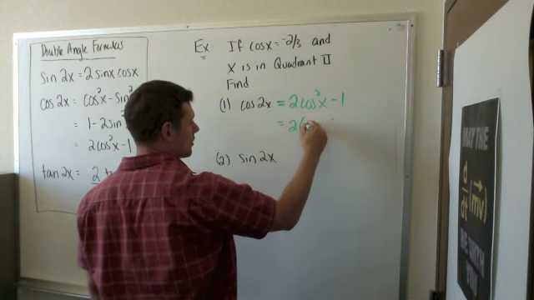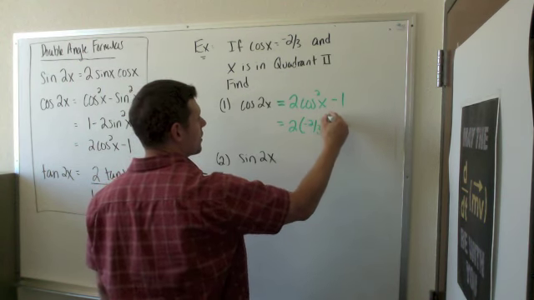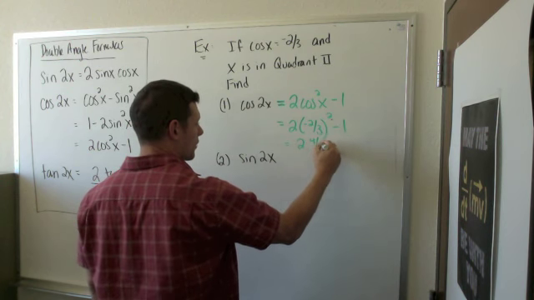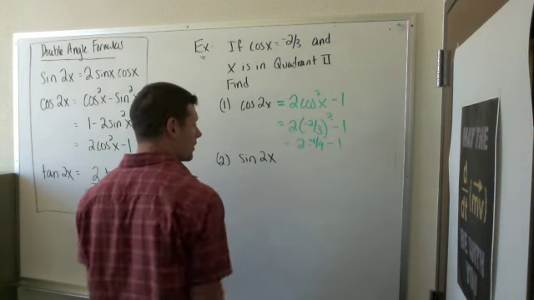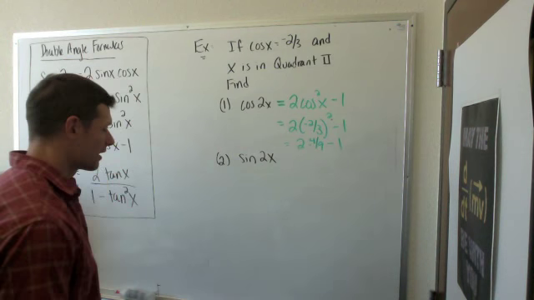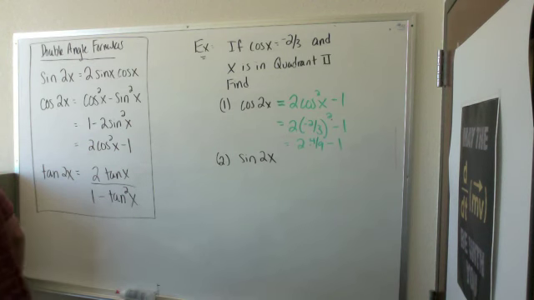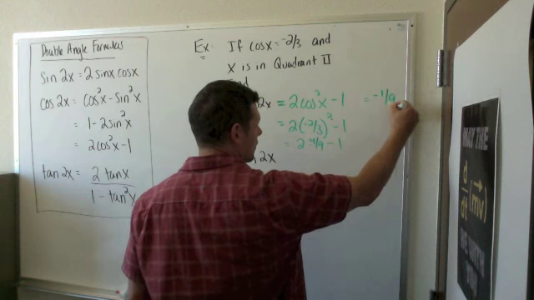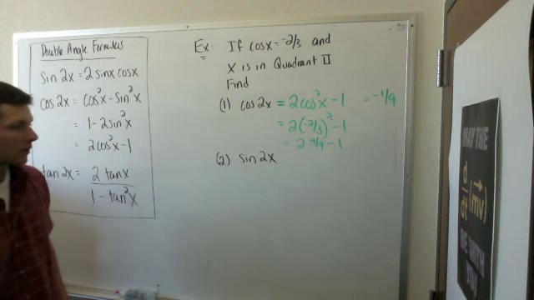We'll have 2 of negative 2/3 squared minus 1, which is 2 times 4/9 minus 1, 8/9 minus 9/9. Turns out we get negative 1/9. So after all is said and done, I get negative 1/9 for cosine 2x.